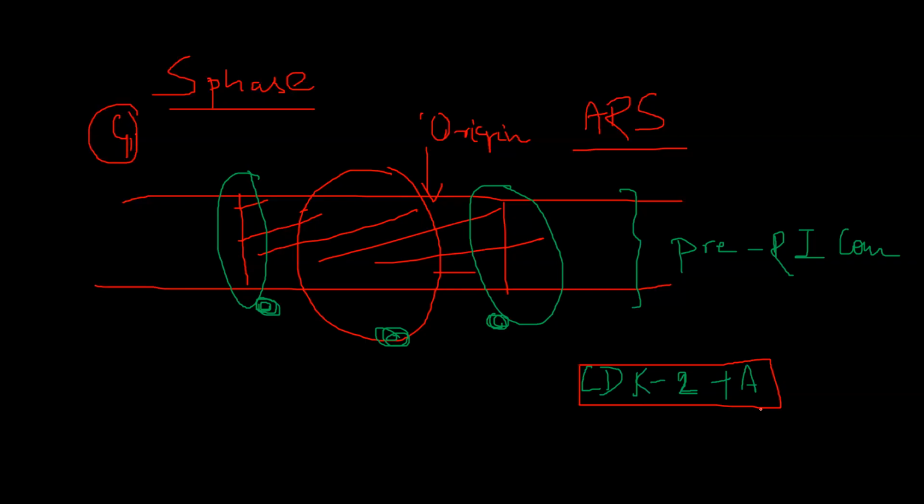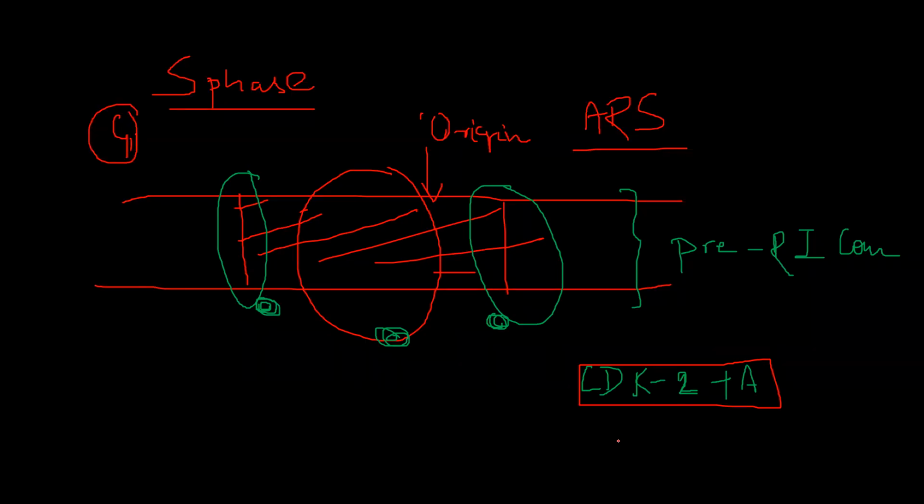What are the accessory proteins? This MCM2, CDT1, CDC6, they are the accessory proteins. So CDK2 and cyclin A will come and add phosphate. Why is this happening? Because there must be opening of this ARS sequence.